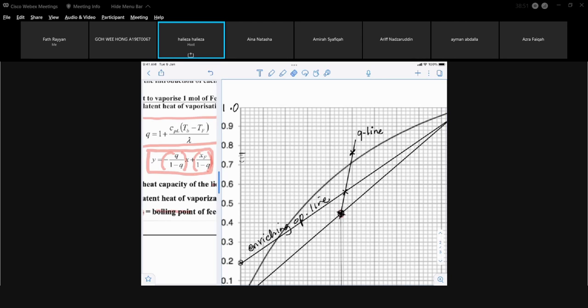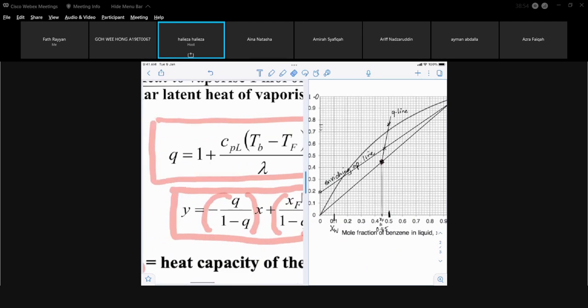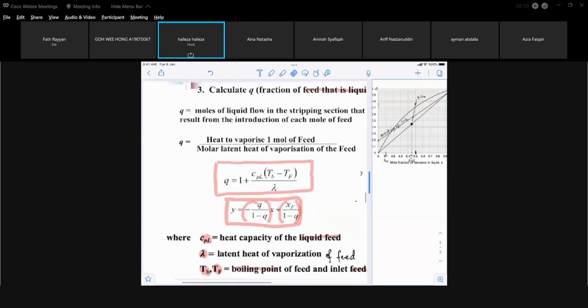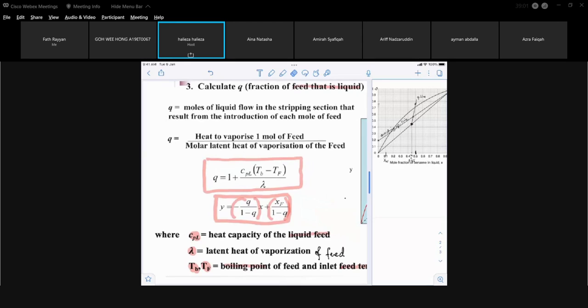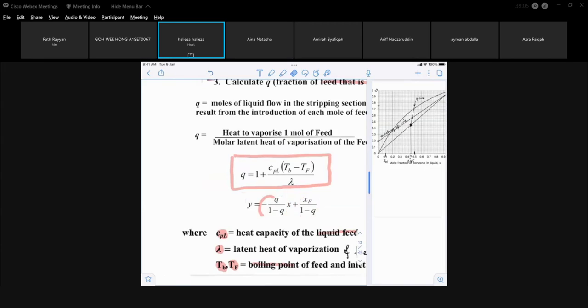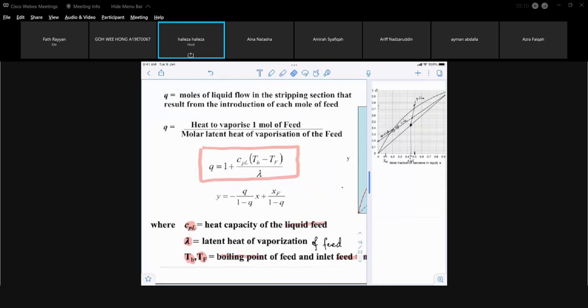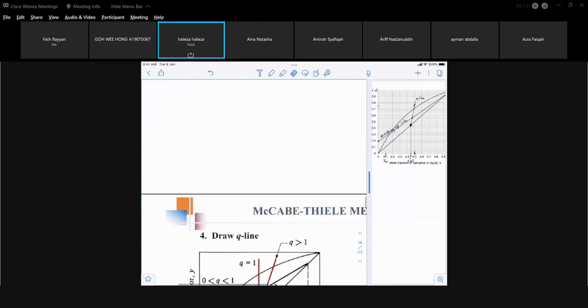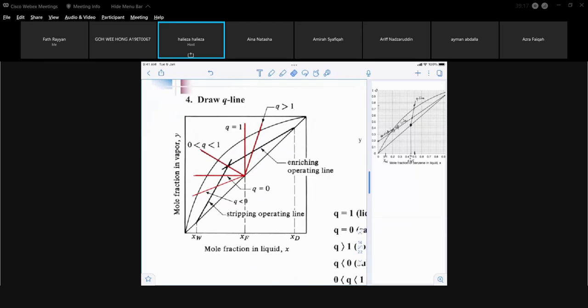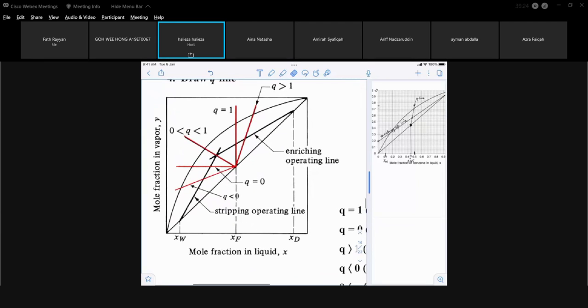Before I go to the next step, I need to point out that there's another method to draw your Q line without having to use the equation for the Q line. There's an easier method, provided that you meet the requirement. This is the drawing for the different types of Q line that you will encounter.